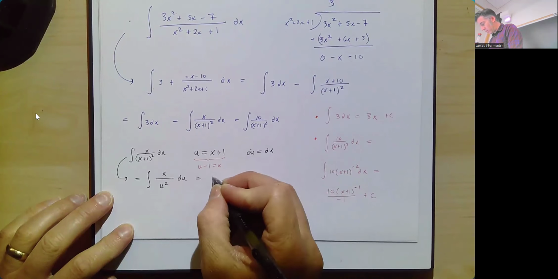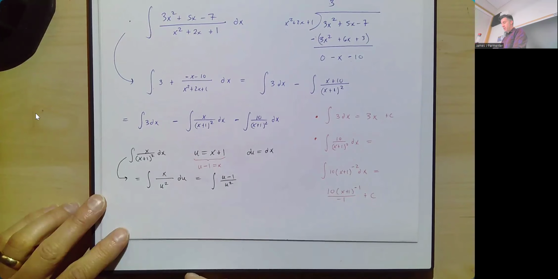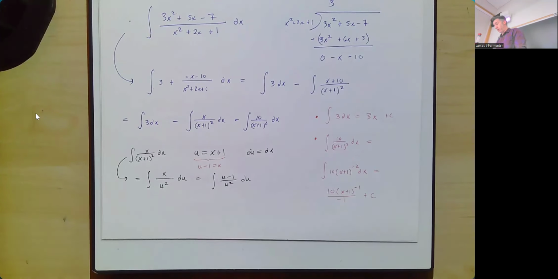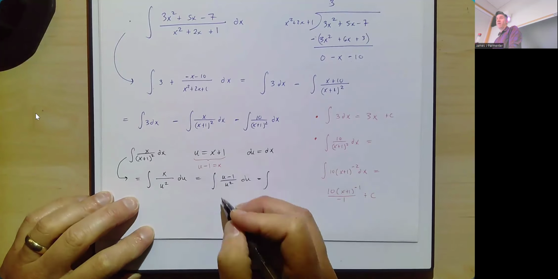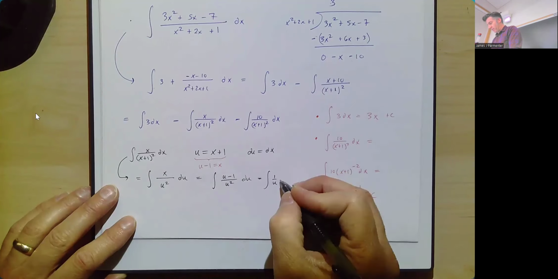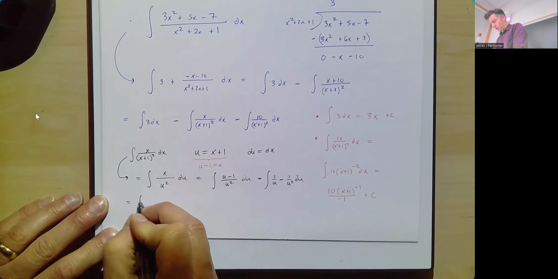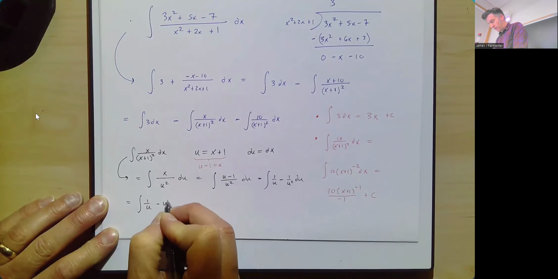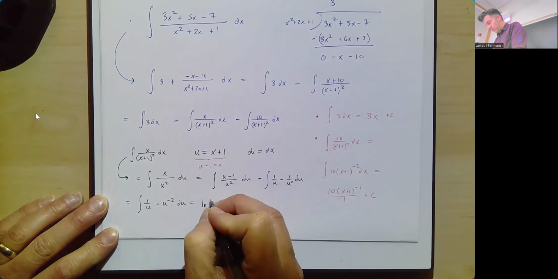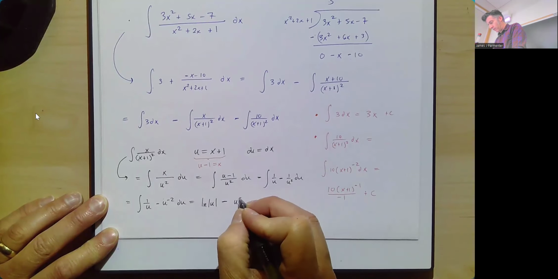This is going to equal the integral of u minus 1 over u squared. And then we divide each of the things in the numerator by u squared. So you're going to have u divided by u squared, which is 1 over u, and 1 divided by u squared, which I would probably write as the integral of 1 over u minus u to the negative 2. The antiderivative of 1 over u is the natural log of the absolute value of u. The antiderivative of u to the negative second is u to the negative first divided by negative 1.